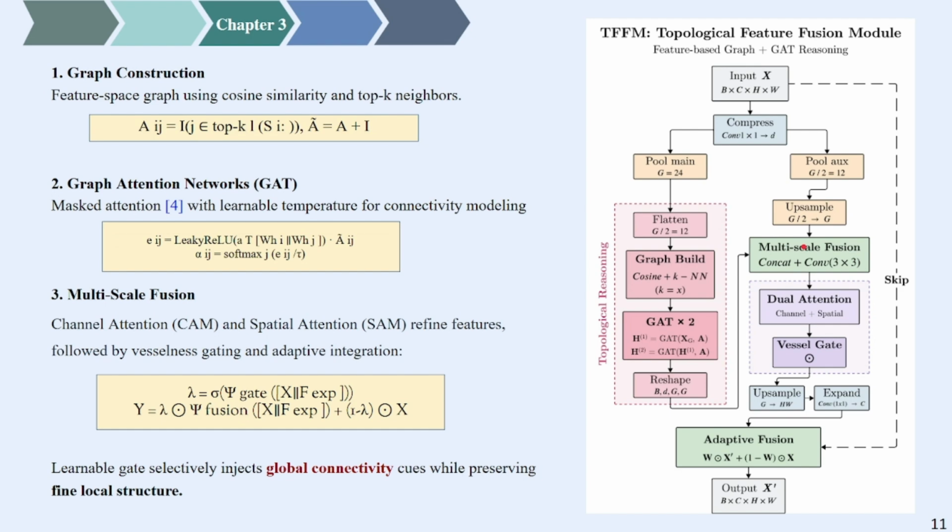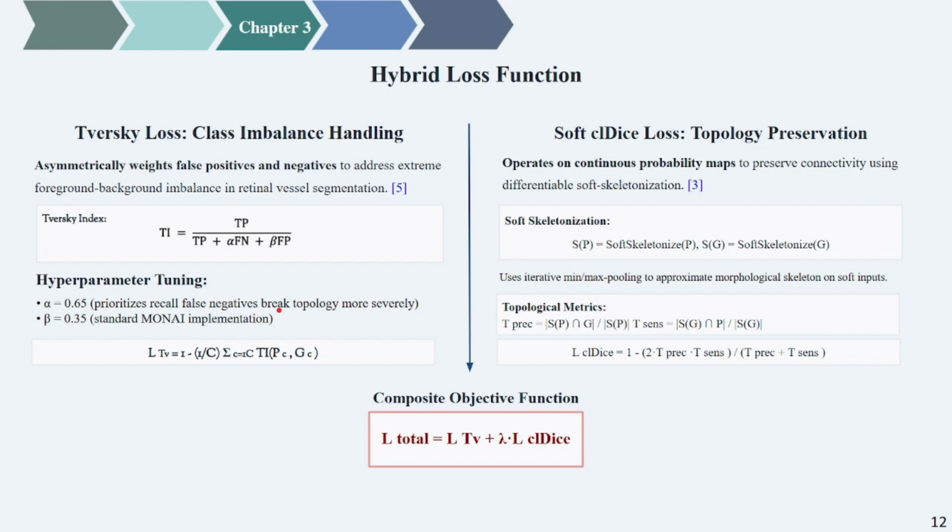Finally, a learnable gate fuses this global information with local features, without losing the fine details, while fixing the connectivity. On the loss side, we set the Chebyshev hyperparameter alpha to 0.65. This prioritizes recall. We did this because a false negative breaks the topology. The soft clDice cleans up the topology, ensuring the skeleton matches the ground truth.